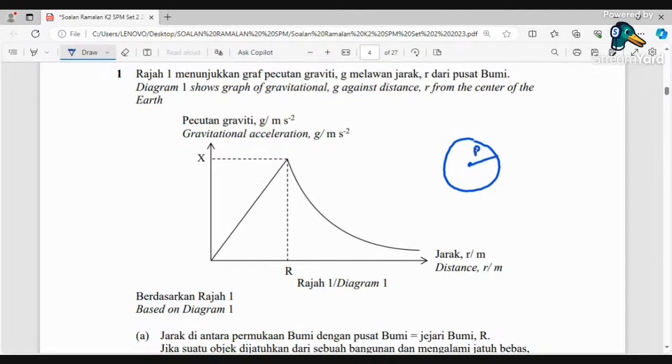Center to the surface is the radius of the Earth R. If this object is here, the height from the surface is h. Means the distance between center and the object is r. So here r equals R plus h. At the center of the Earth, r equals 0.